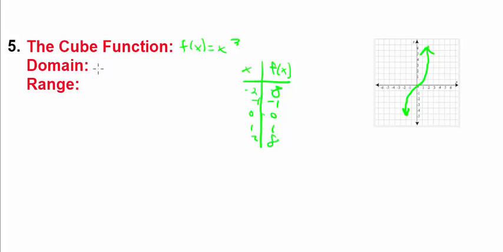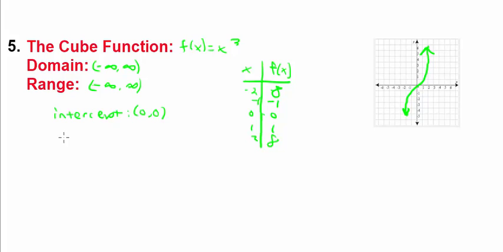First of all, domain. The domain happens to be, again, -infinity to +infinity. The range will be -infinity to +infinity, all real numbers as well. A couple other thoughts with this. First of all, it has an intercept, and the intercept is 0, 0.